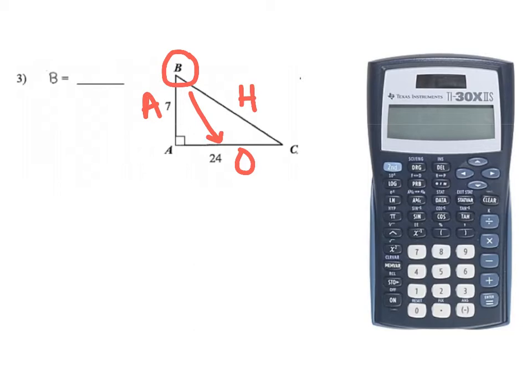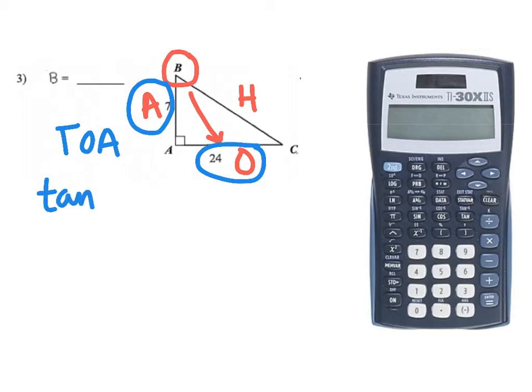This side over here that we're not going to be using is the hypotenuse. So I'm going to use 7 and 24. In this case, I'm going to be using TOA for opposite and adjacent. So tangent of B, which I don't have, is opposite, 24, divided by adjacent, which is 7.